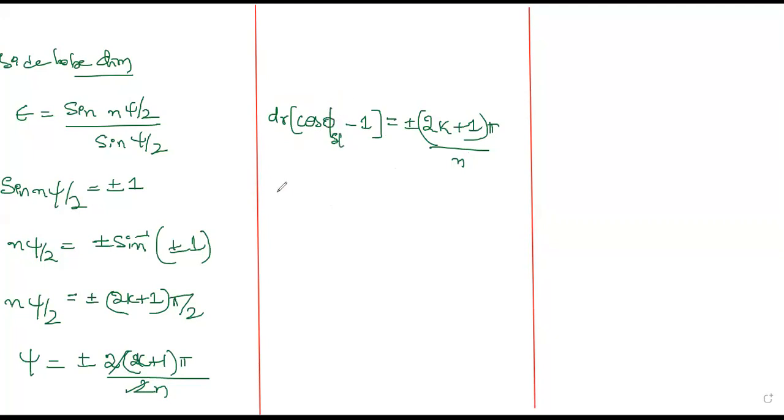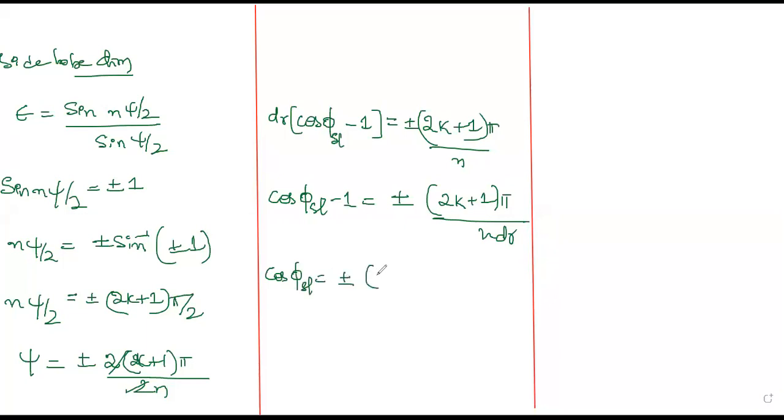For phi side lobe, you have to write the equation dr cos phi SL minus 1, which is equal to plus or minus 2k plus 1 into pi by n. Bring this 1 to the other side. So cos phi SL is equal to plus or minus 2k plus 1 pi by n dr plus 1.